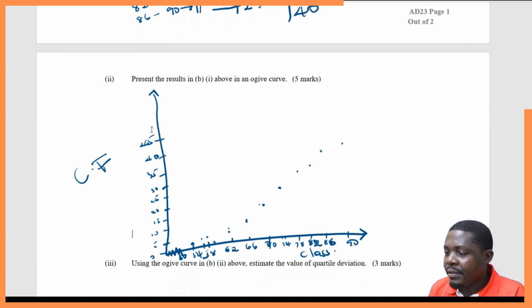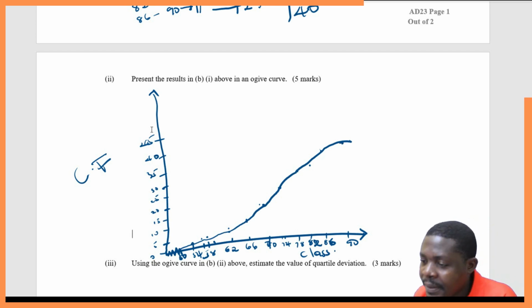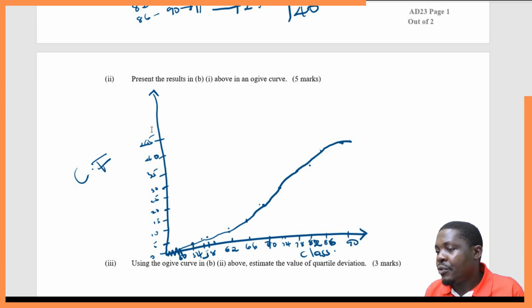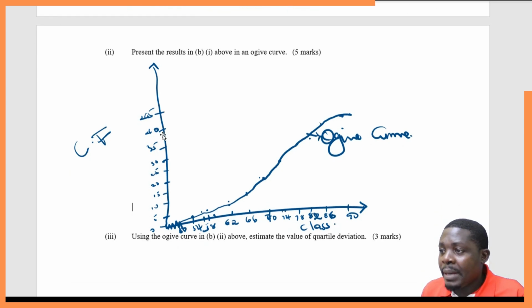Now when you draw your graph, an ogive graph will start from this point, then it goes this side, just using bare hand. It should be something like that, but try to come up with something clear when you draw using the graph paper. This one we can call an ogive graph, what I wanted in Roman number 2.